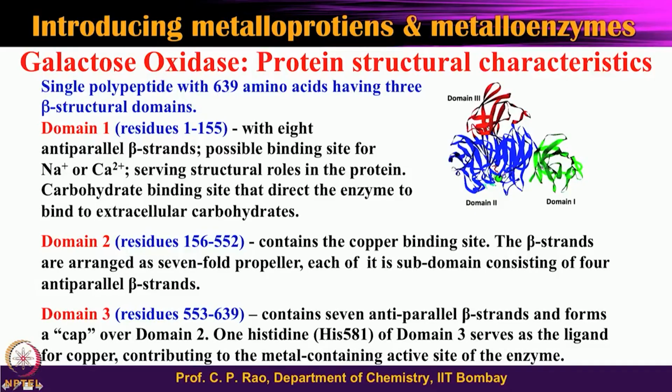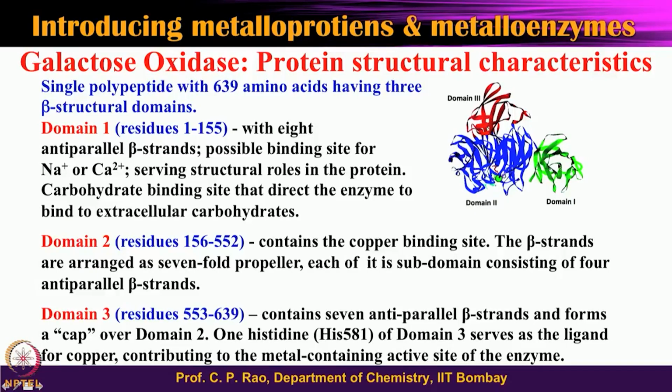So, you can call it domain 1, domain 2, and domain 3, and the total 639 amino acids are broken into up to 155 amino acid residues present in domain 1, and 156 to 552 present in domain 2, which is the blue region here, and 553 to 569 present in domain 3, which is red in color.